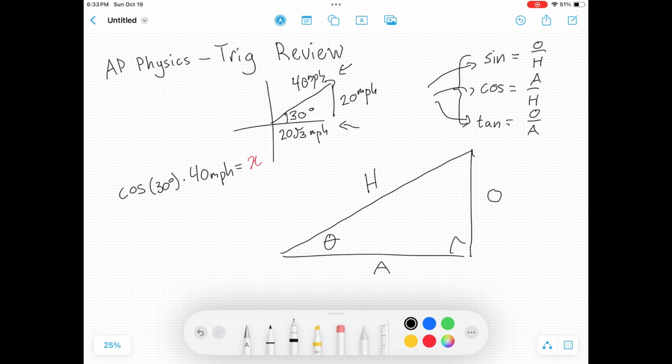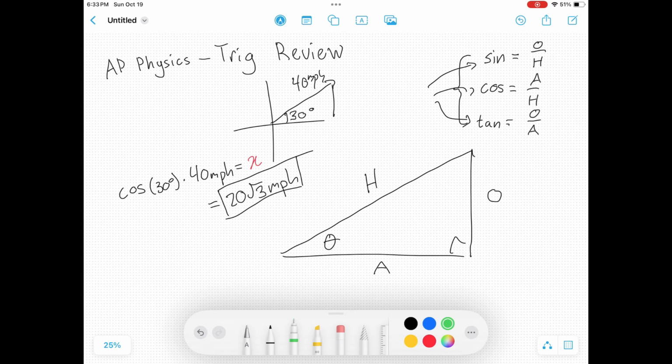So again, this is why you might want to use special right triangles instead of trig. But if you have to use trig, I'm going to return back to this. So if you plug this into your calculator, you'll find that cosine of 30 is going to be square root 3 over 2. So distributing the 2 down to the 40, this is going to give you 20 square root 3 miles per hour for the x component of this vector.